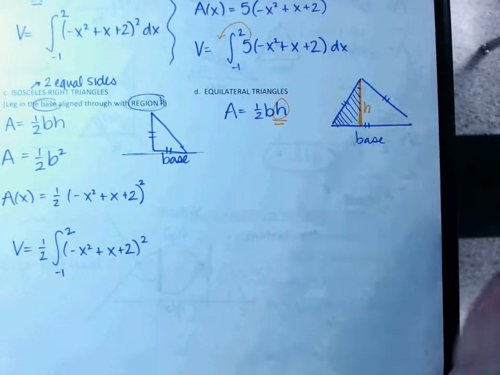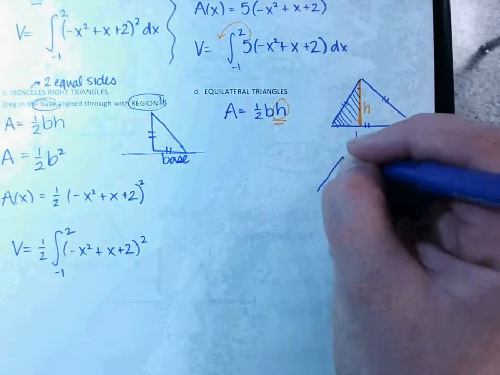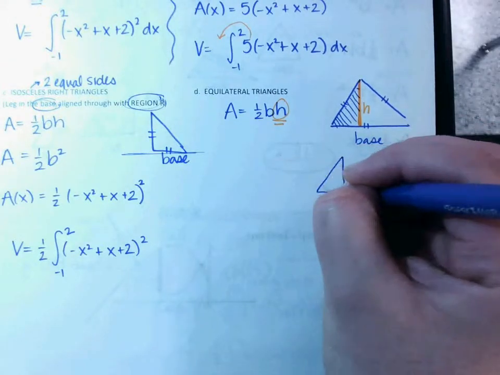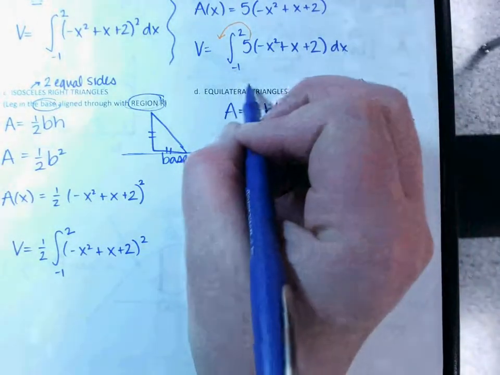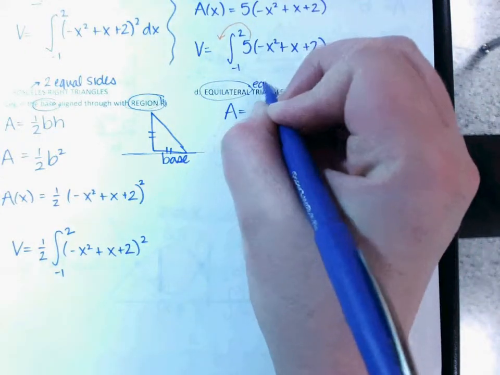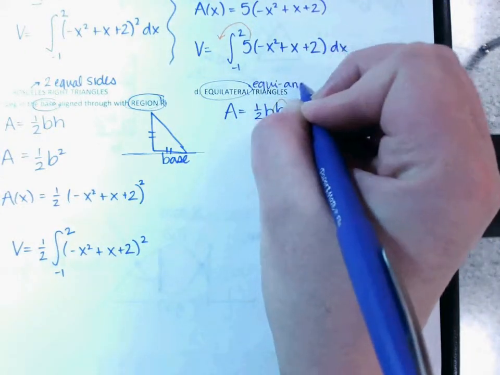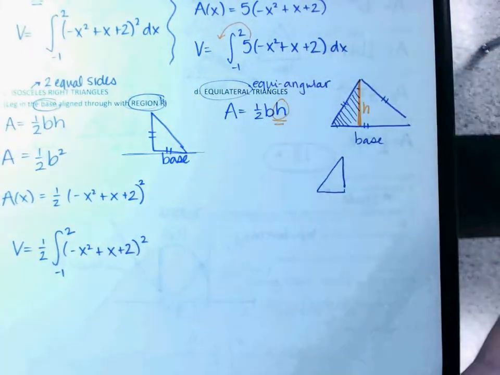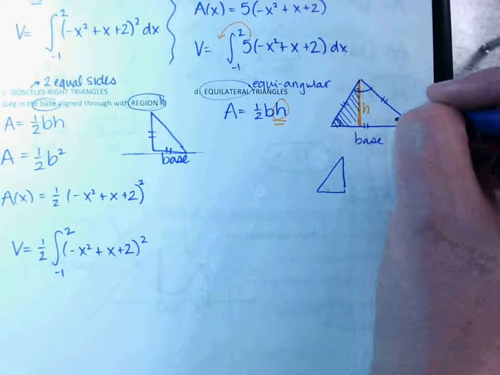So if I'm looking at half of my triangle, let's talk about something for a second. First, if this is equilateral, it also has to be what's called equiangular. That means all three of your angles have to equal each other.